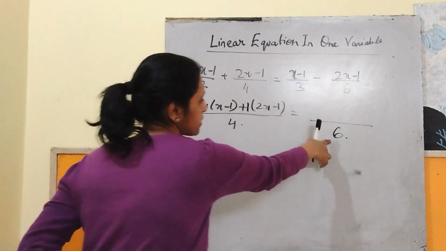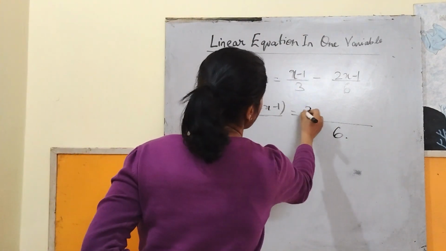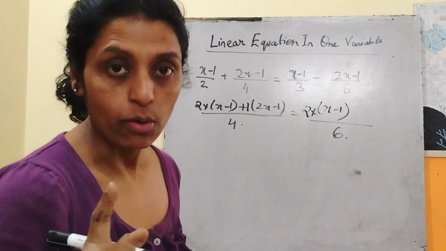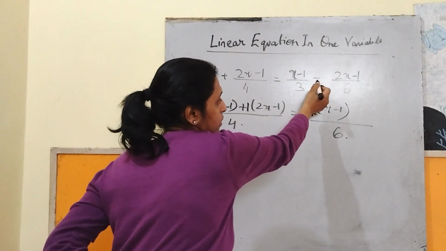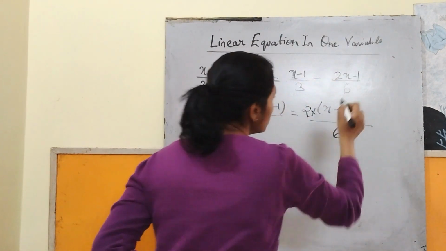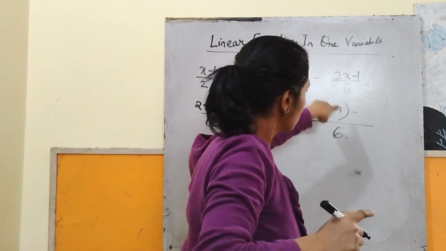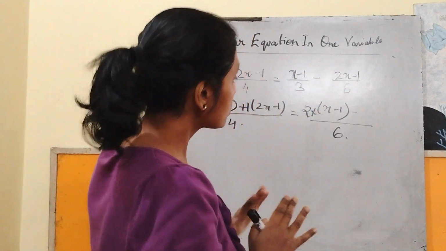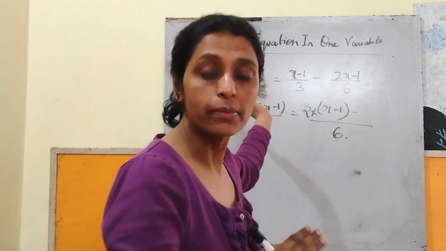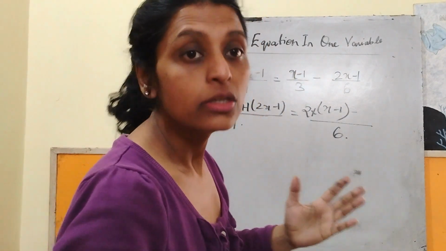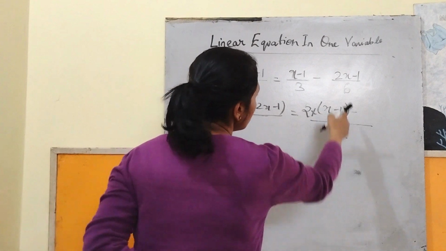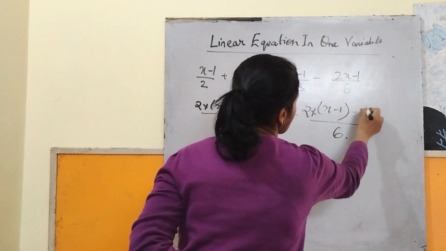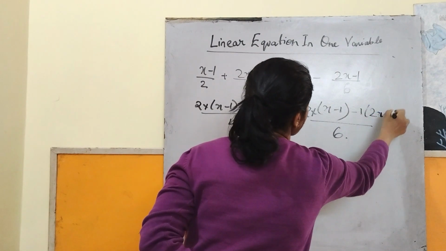In 3's table 6 comes twice, so we multiply 2 in the numerator. Now as the minus sign is given here, try to keep this quantity in the bracket, because when the bracket opens and the minus sign is there, the sign changes. In 6's table 6 comes one time, so 1 will be multiplied in the numerator, 2x minus 1.